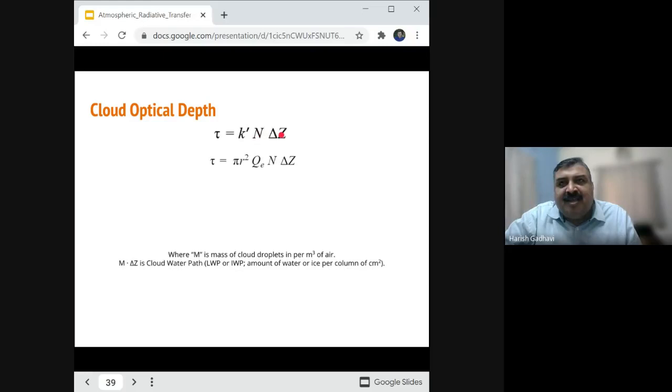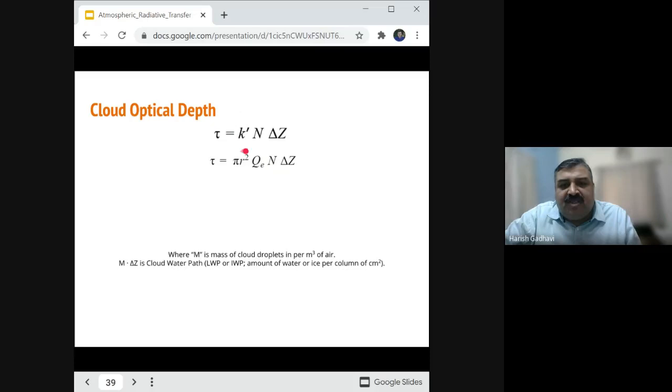Delta Z is taken as bottom minus top, so our tau is positive in that case. Otherwise, the variation in delta Z and tau is like pressure: as you go higher in height, your pressure will be lower. Similarly, the higher you go, tau will be lower.